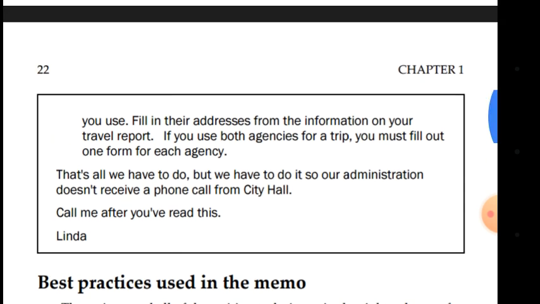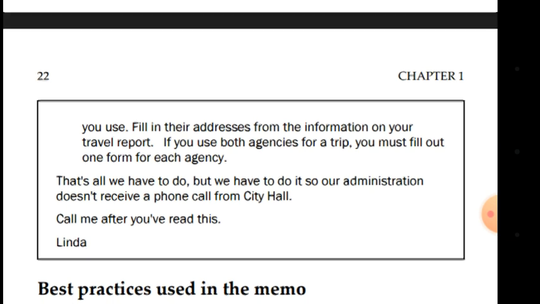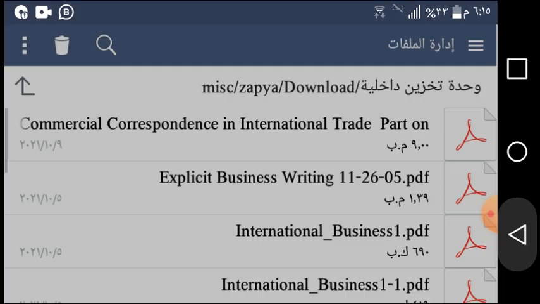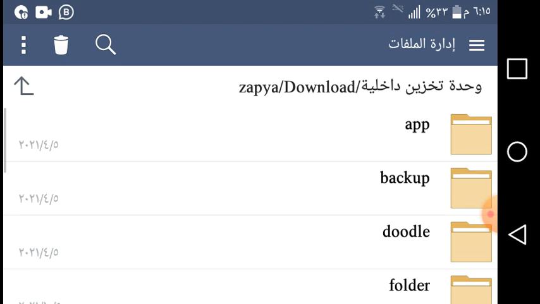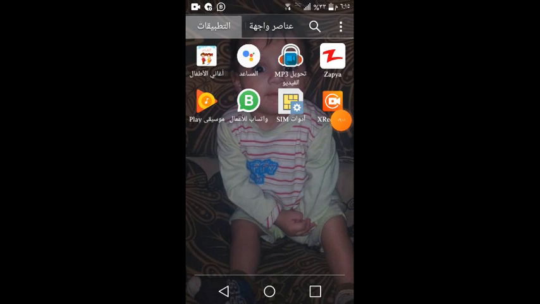That's what we call the best practices used in the memo, and that is what I'd like you to do when you write a memo, or write a letter, or write a report.